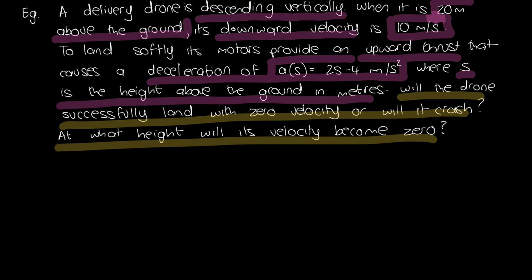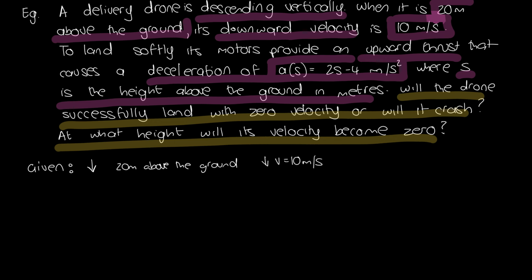So the first thing we're going to do is write down everything we know underneath our problem. So we're going to have "given." What do we have given to us in this word problem? We have that it's descending vertically, so it's going downwards, right? And when it's 20 meters above the ground, its downward velocity is equal to 10 meters per second.